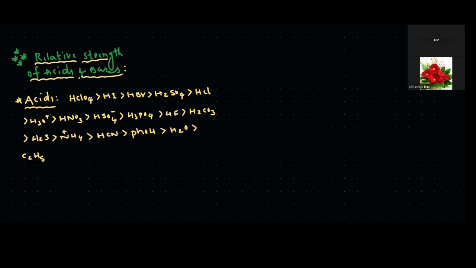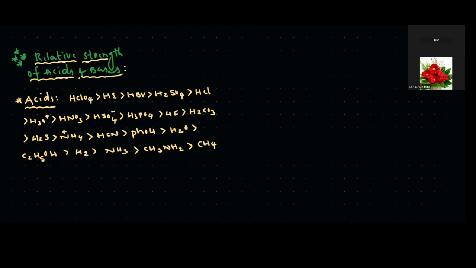Next, ammonia, and methylamine. If you add one methyl group to ammonia, CH3NH2, and CH4. So these are the acidic strengths.